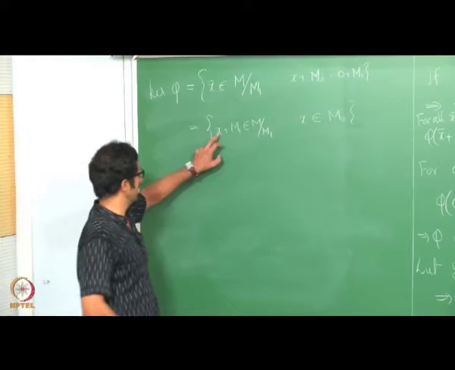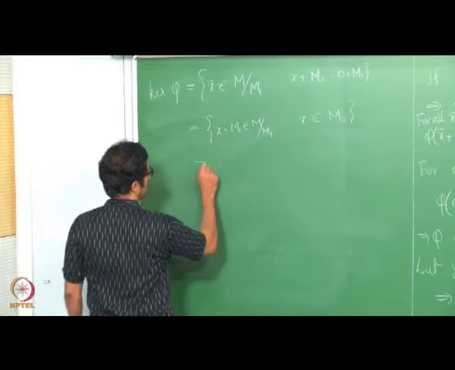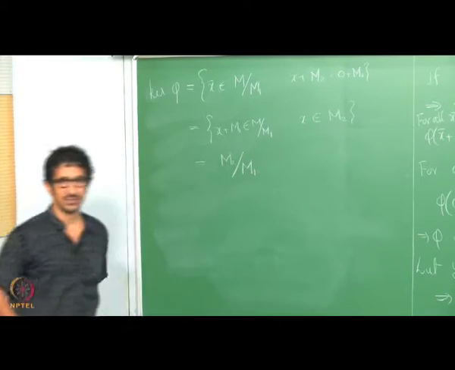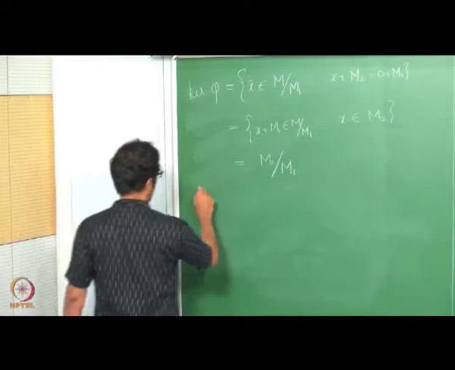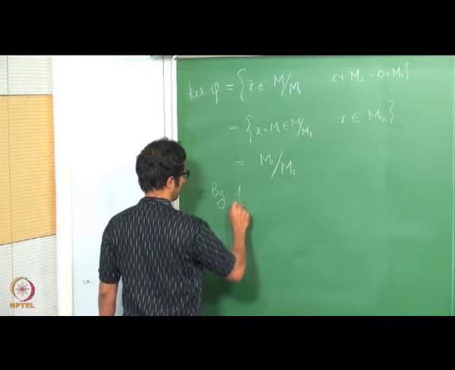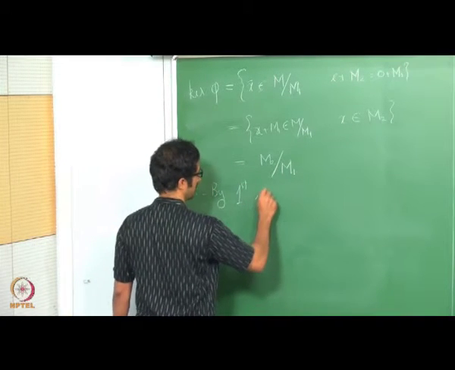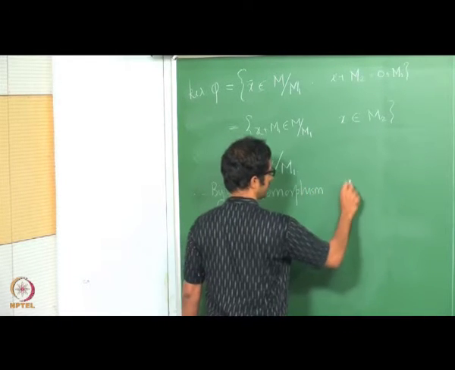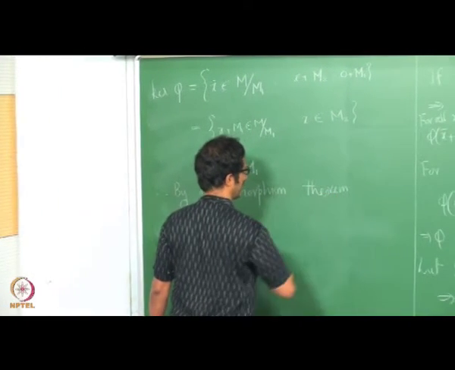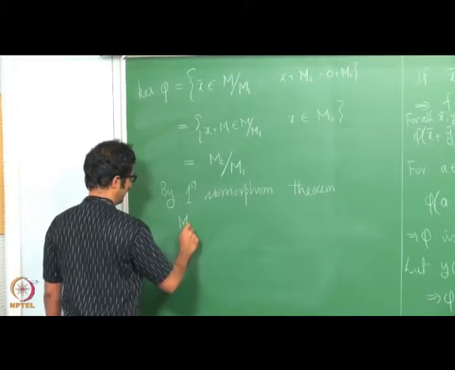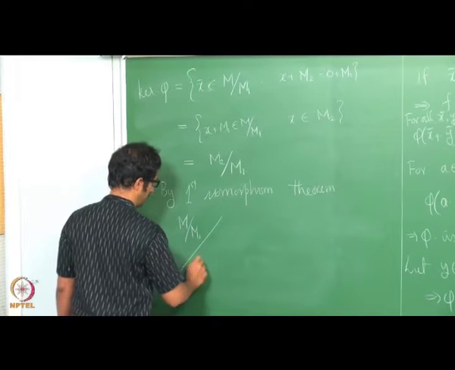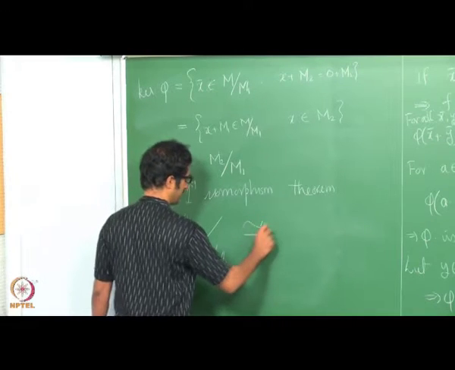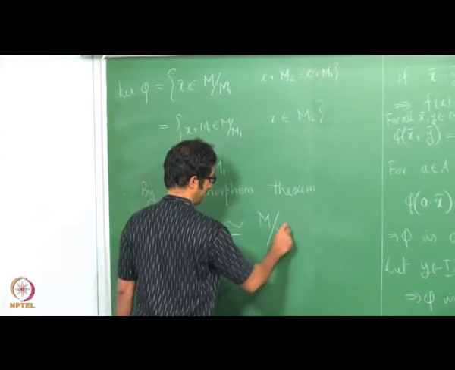So, by definition, this is M2 mod M1. So, by the first isomorphism theorem, M mod M1 modulo the kernel, which is M2 mod M1, is isomorphic to M mod M2.